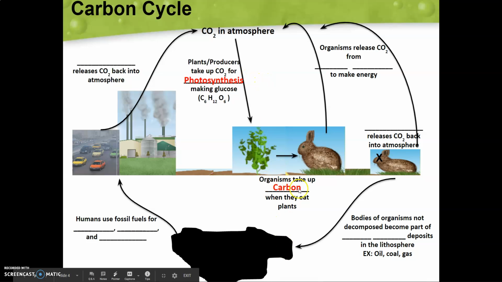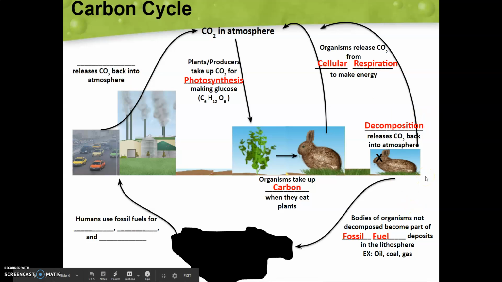And then these organisms are taking in carbon when they eat those plants. Organisms are going to release carbon dioxide from cellular respiration to make their energy, so that glucose. And then decomposition releases carbon dioxide back into the atmosphere. So whenever an organism dies, it starts being decomposed, breaking down.